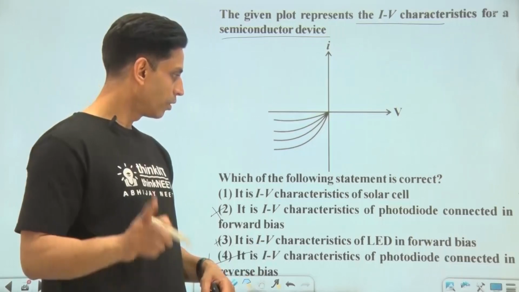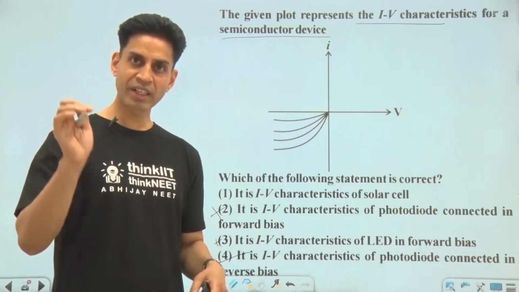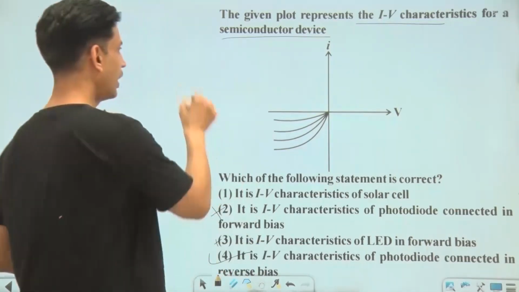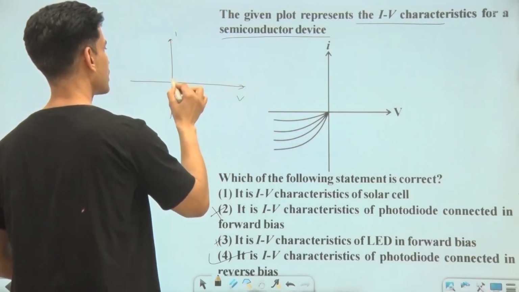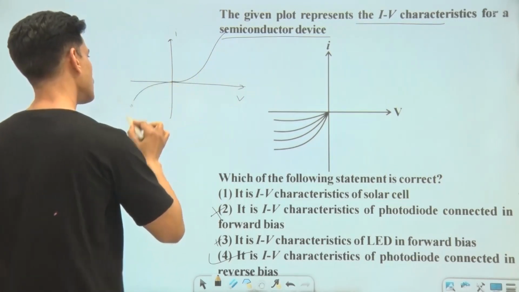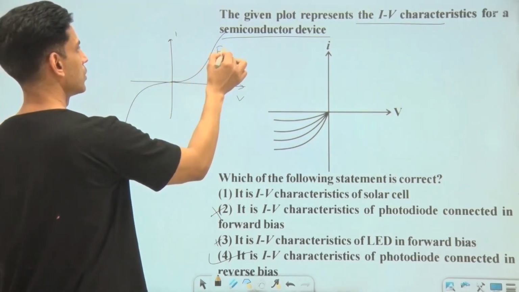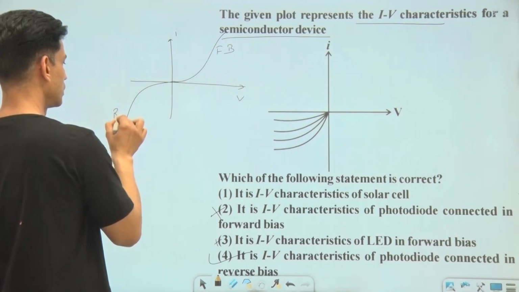That is correct. First of all, a photodiode is always connected in reverse bias. And in reverse bias, the current versus voltage graph is like this. This is forward biased, this is reverse biased.